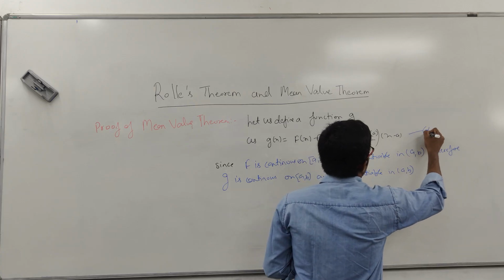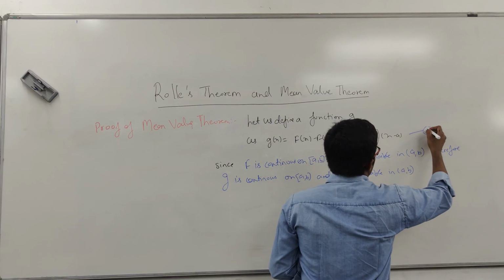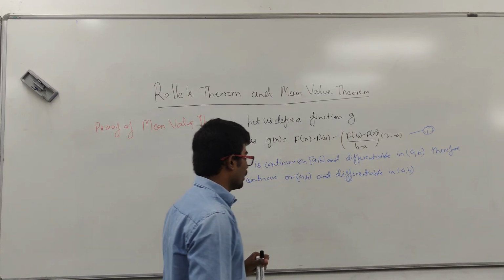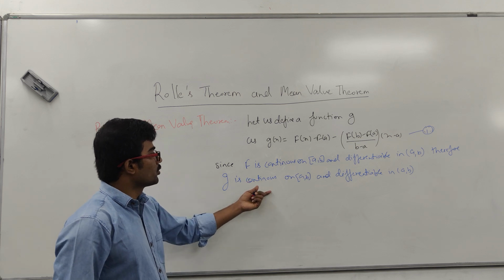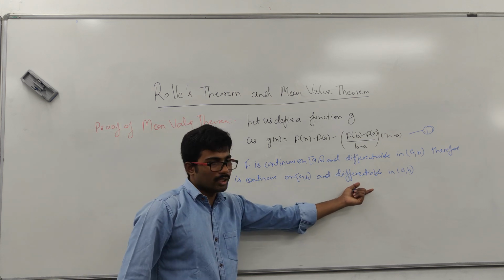This is our equation 1. So g is continuous on the closed interval a comma b and g is differentiable in a comma b.